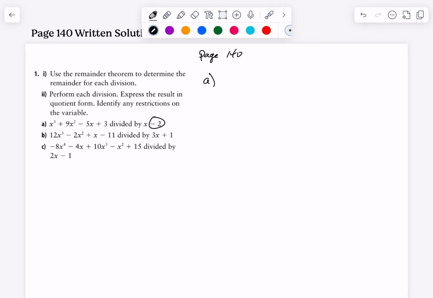And we use this idea of finding the remainder to ask, what happens if the remainder turns out to be 0? That's what we call the factor theorem.